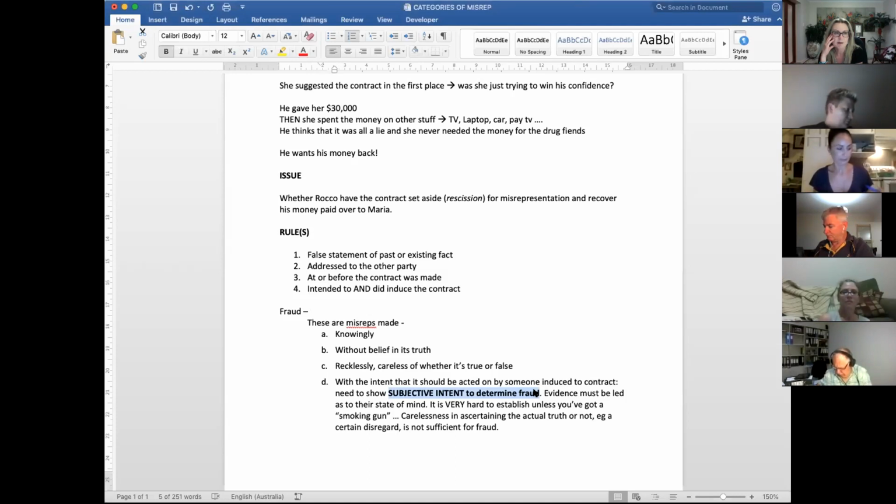So that would be one big reason why, if you are having trouble here, after you've gone through this analysis in terms of the common law, you may well recommend to your client that they have a look at the statutory form of all of this, which is misleading or deceptive conduct. Okay.